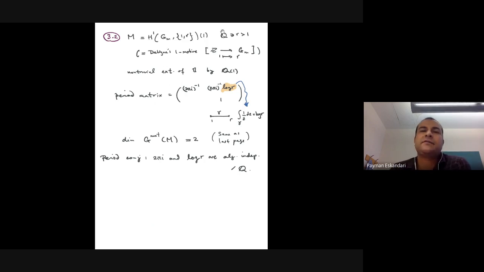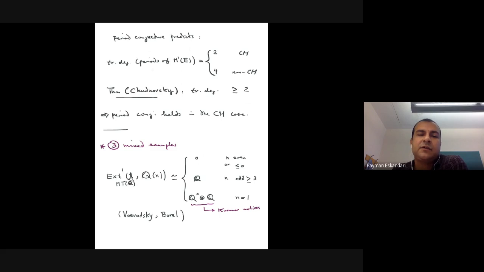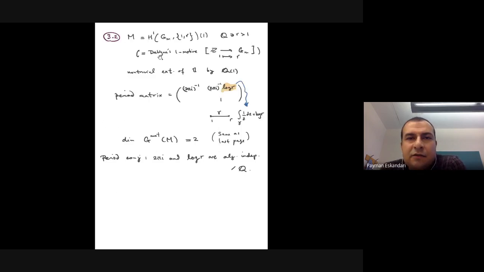But now what happens if n is 1? So you're looking at extensions of, going back here, extensions of the unit object by Q1. Now in this case, we said that the Ext group is Q star tensor with Q. So how do you get those extensions? These would be H1s of these relative cohomologies now.